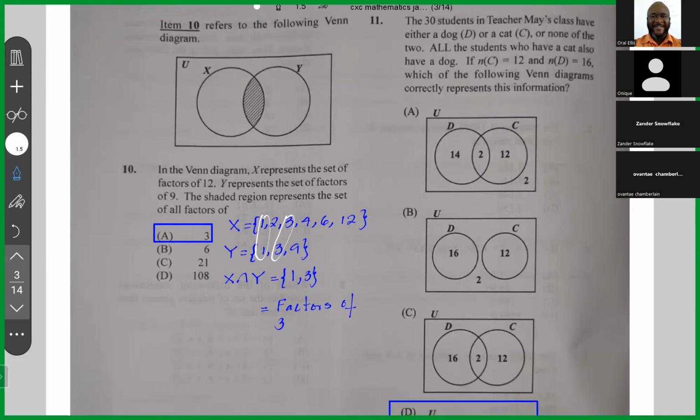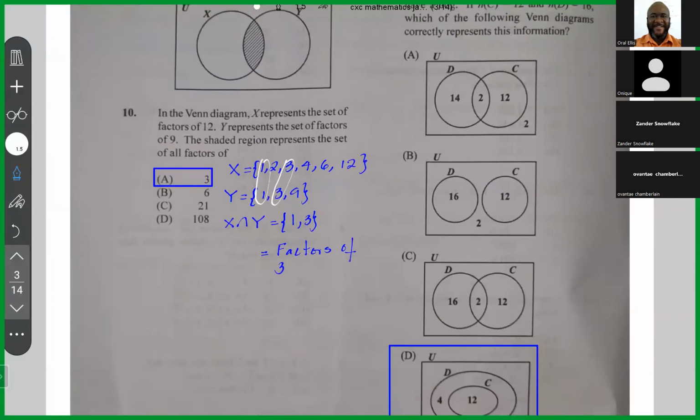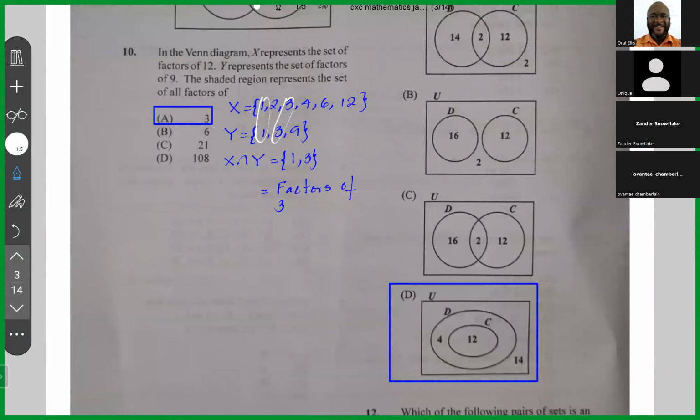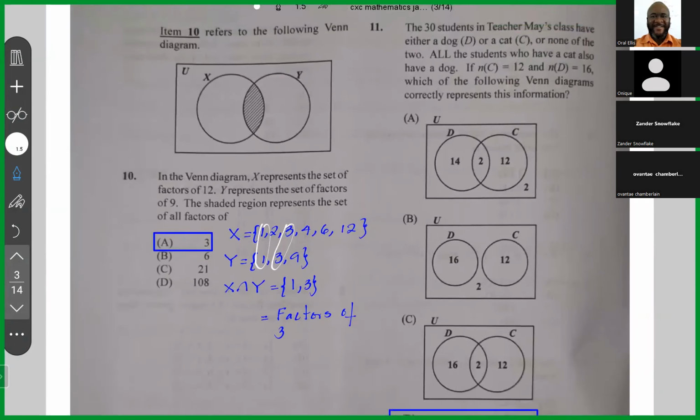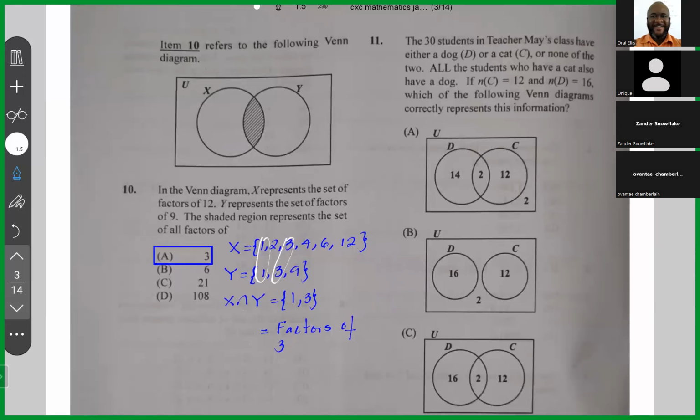11. I think I was warning people yesterday to ensure you read this question before you answer it. It says the 30 students in Teacher May's class have either a dog or a cat or none of the two. All the students who have a cat also have a dog.